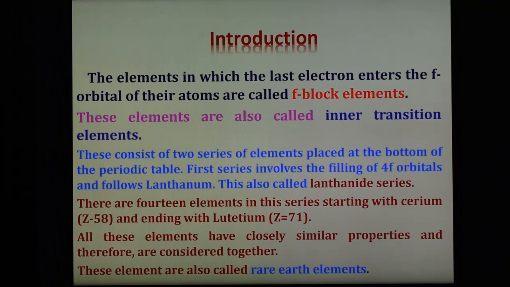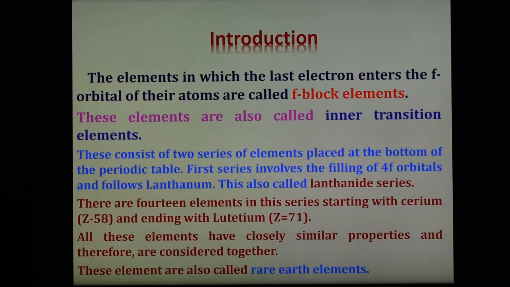The first series involves filling of the 4f orbital and follows lanthanum, and this is also called the lanthanide series, and the elements present in the series are called lanthanides. There are 14 elements in the series, starting from cerium, atomic number 58, and ending with lutetium, atomic number 71.